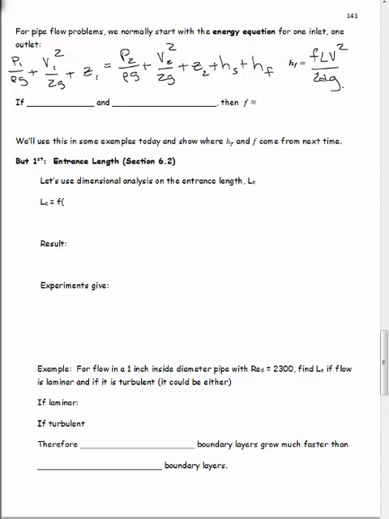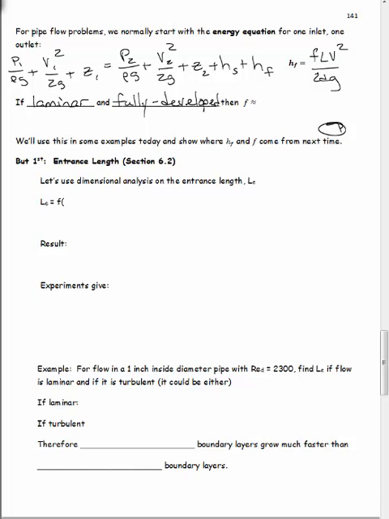Okay, and if it happens to be laminar and fully developed, we can come up with an equation for F, an exact equation from our Navier-Stokes.